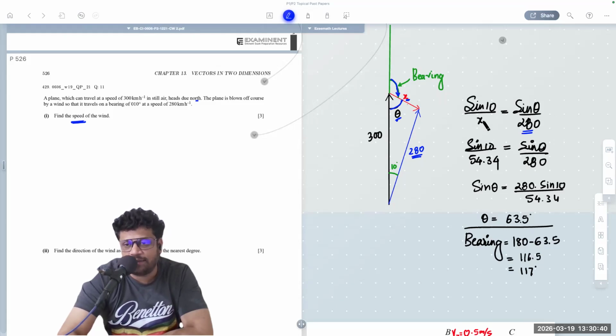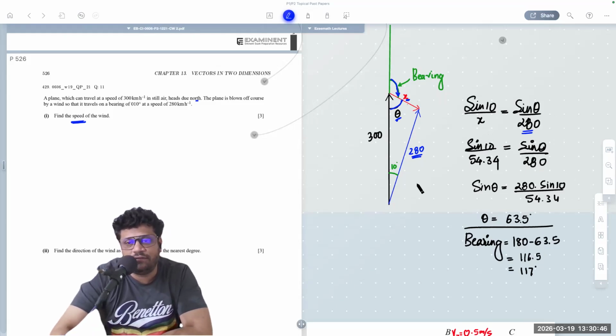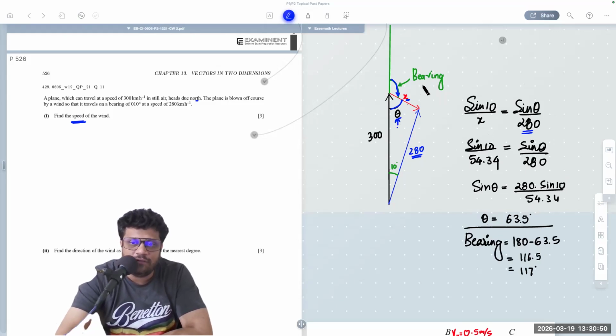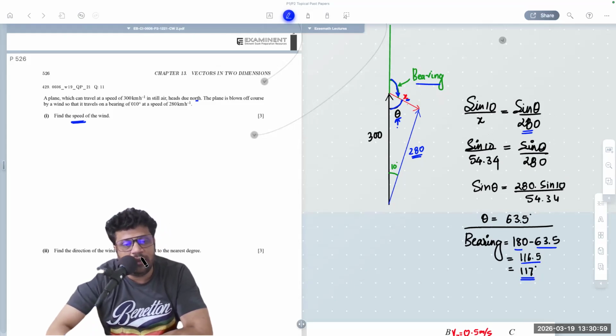Sine 10 by x equals sine theta by 280. And then I solve for theta, which comes out to be 63.5. This angle comes out to be 63.5. And of course, because of that, the bearing is going to be 180 minus 63.5, which comes out to be 116.5. But since they want it correct to the nearest degree, I'm going to have to put 117 here.